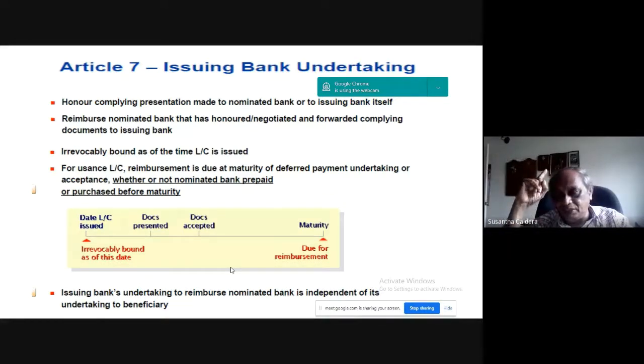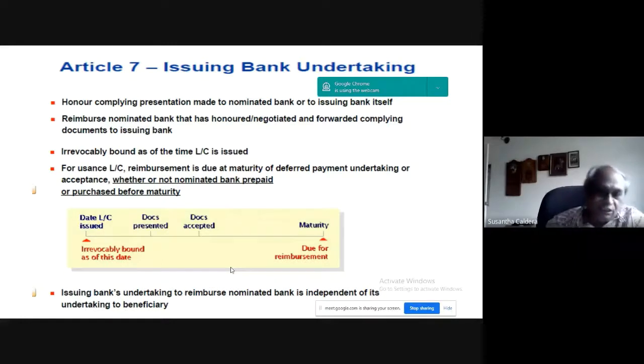Earlier I told you what I have done with the beneficiaries: as a nominated bank, once we receive the acceptance from the issuing bank, I will discount the bill and pay the beneficiary, right? So they have to pay.